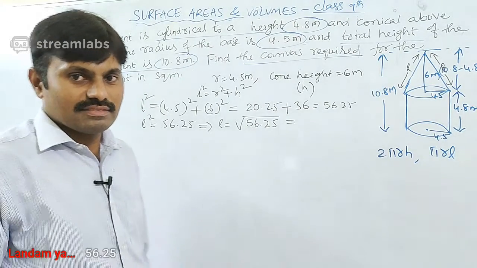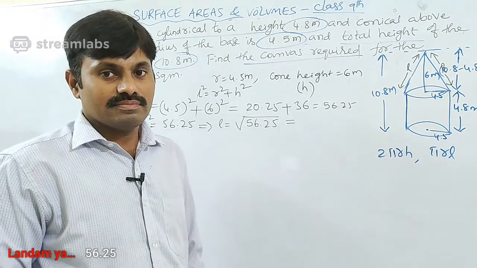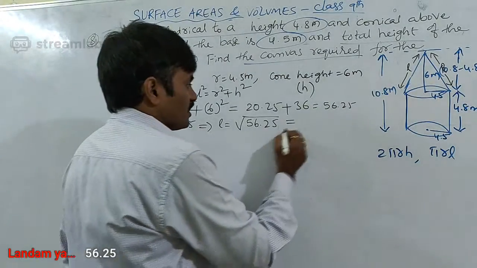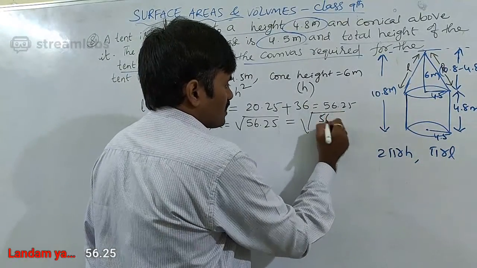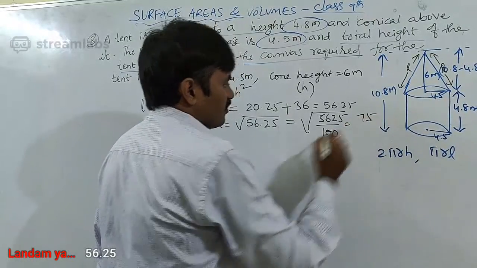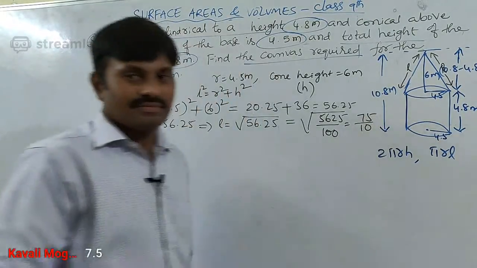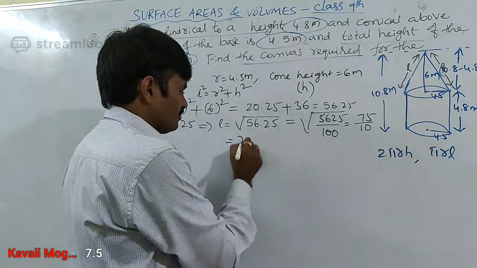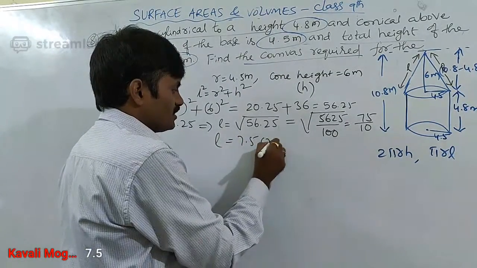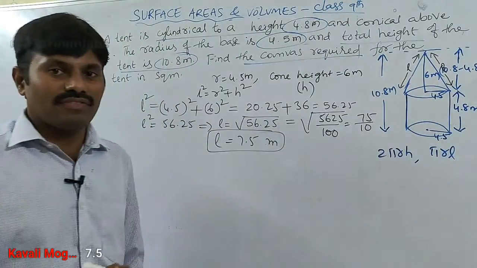How? It can be written as 5625 by 100. I know that the square root of 5625 is 75, so by 10 that is 7.5. So L is 7.5 meters. The slant height of the cone is 7.5 meters.